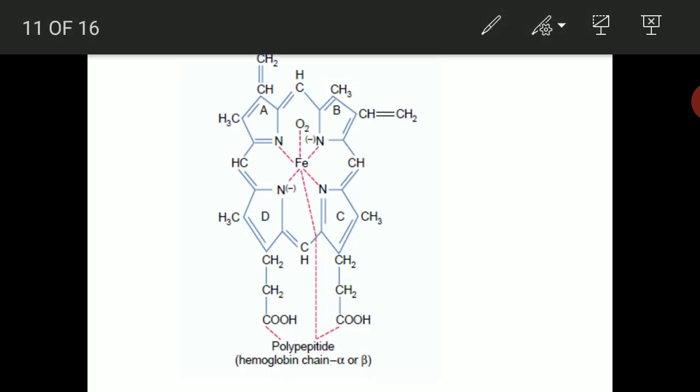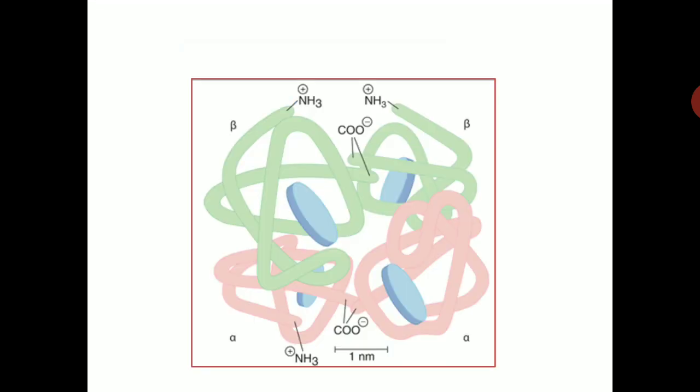This is again the diagram in which you are seeing that iron is in the center of the tetrapyrrole ring, and it is attached to oxygen at one end and the polypeptide chain at the other end. Okay, so this is again the same diagram: 2 alpha, 2 beta chains, 4 hemes.